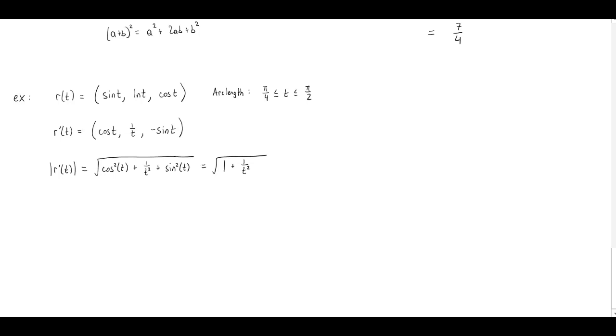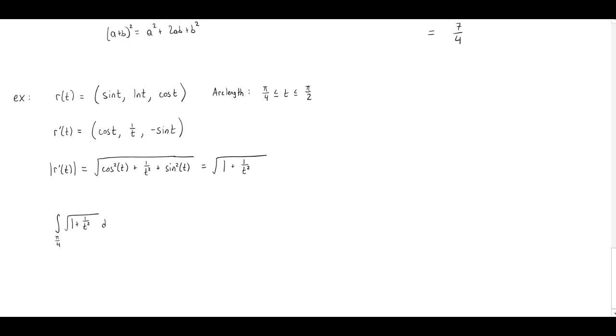All right. So then in our problem, I guess it doesn't matter. So we're going to be integrating the magnitude of the derivative, so the square root of 1 plus 1 over t squared, and then dt.